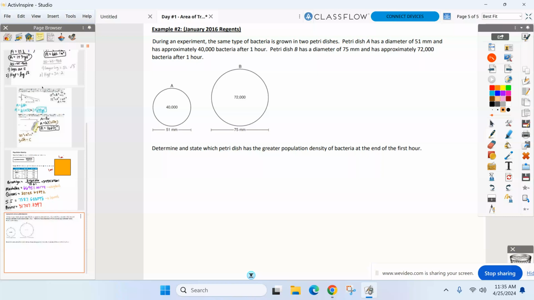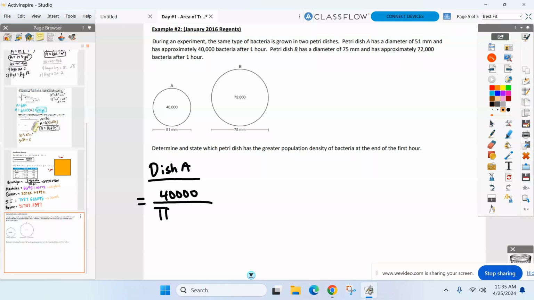Okay, I guess we're calculating it then. Let's go dish A first. To calculate it, we take its bacteria population, 40,000, over area. Hey, what's the shape now? It's a circle. So the first time we've done this today, I want to do pi r squared.